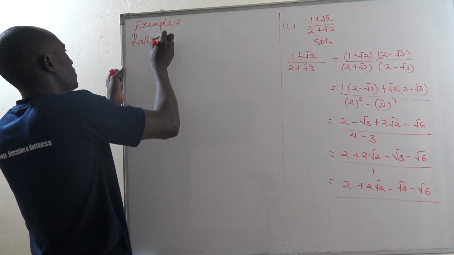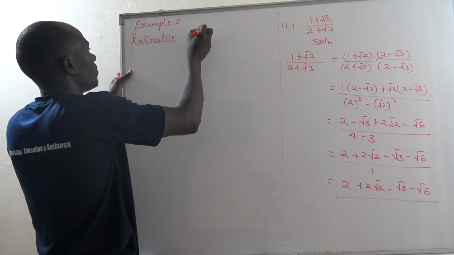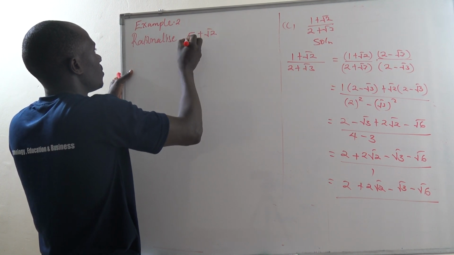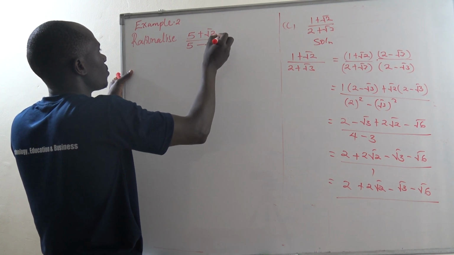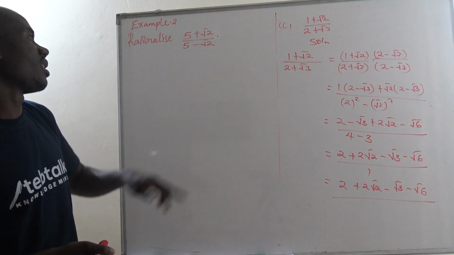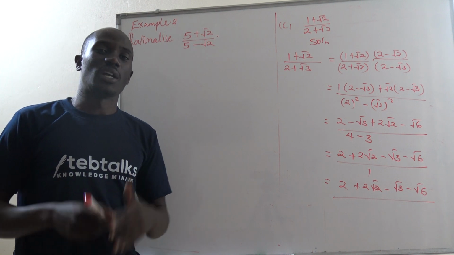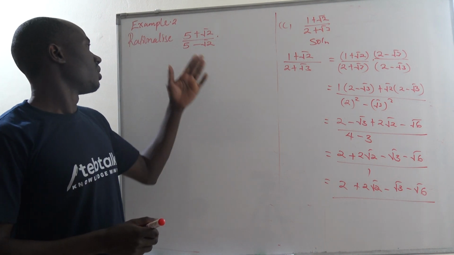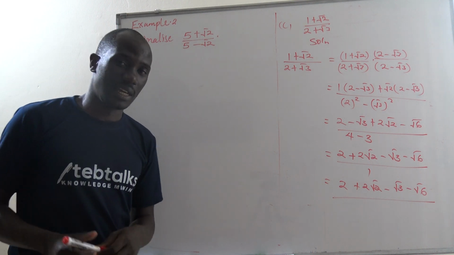Rationalize 5 plus root 2 all over 5 minus root 2. So when they say rationalize that one, what comes here? Follow here the procedure. We are going to rationalize this number by taking the conjugate on the denominator.